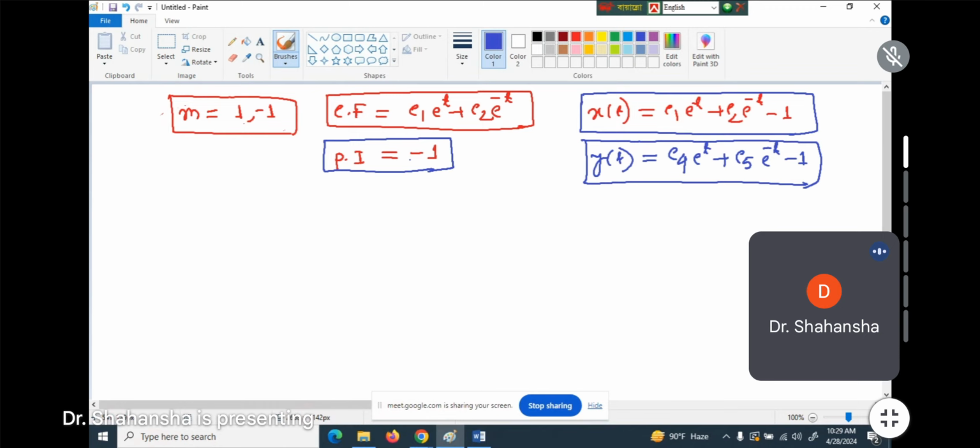In the exam period, you have to find the x of t or y of t and write the similar answer for the other, because time is very short. But when you go to the engineering field, analysis, or higher study, you have to analyze both. I believe we are very clear how to solve the system of differential equations, maybe homogeneous, maybe non-homogeneous.